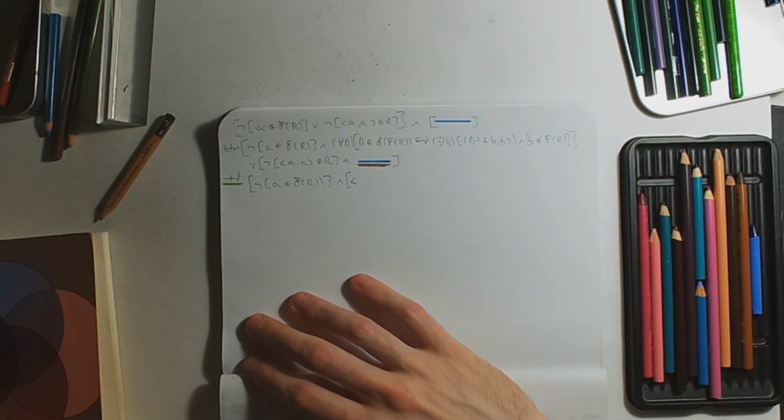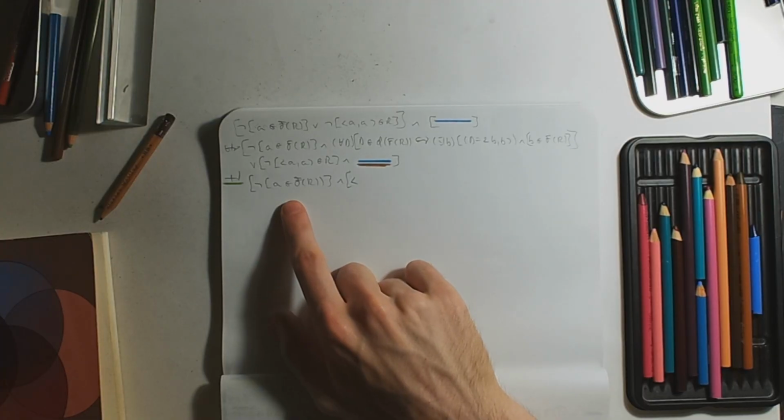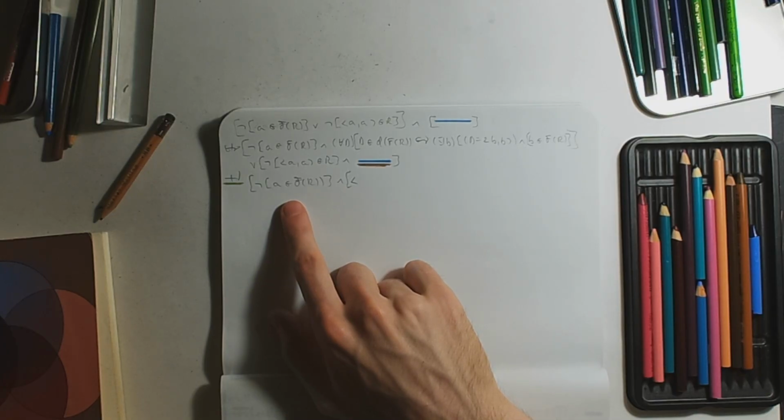Let me think here. Well, so the point would be that we could have... No, because this is negated, so we don't get that the ordered pair AA is an element of the identity of the field of R, and the identity of the field of R is equal to the empty set.